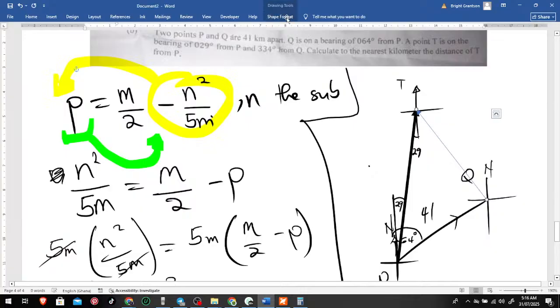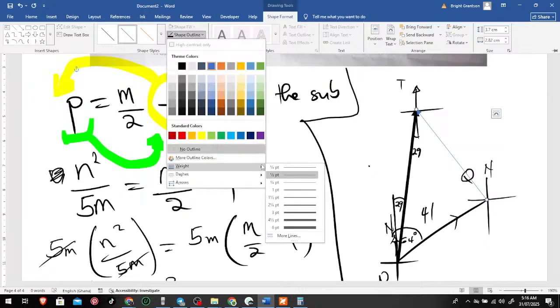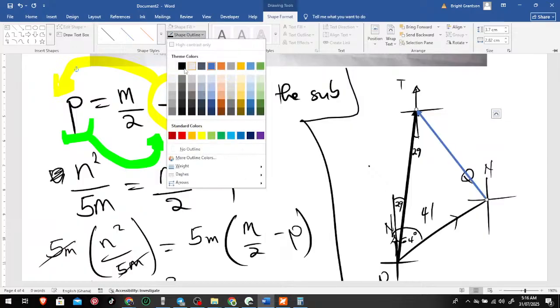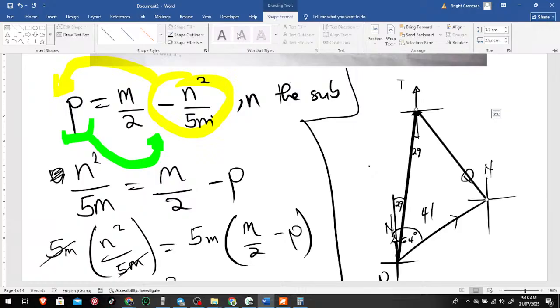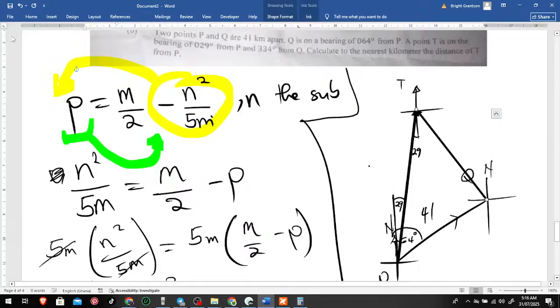It's 334 degrees, from the north to this line.